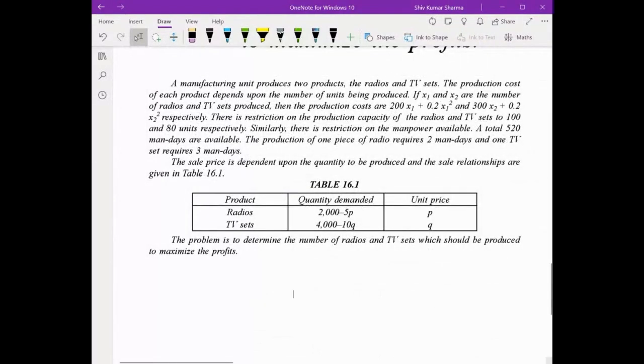This is the problem. So we formulate this problem.